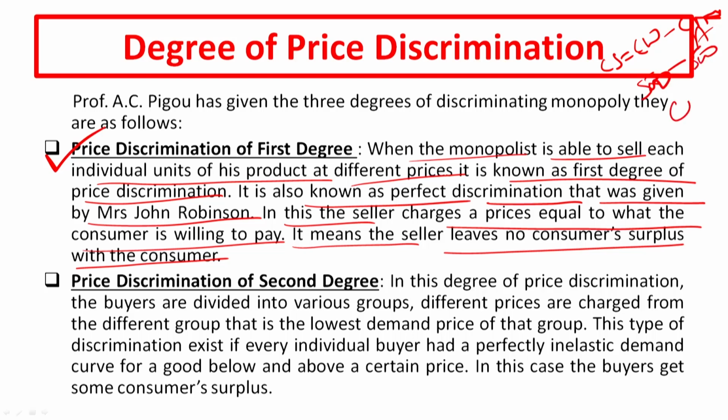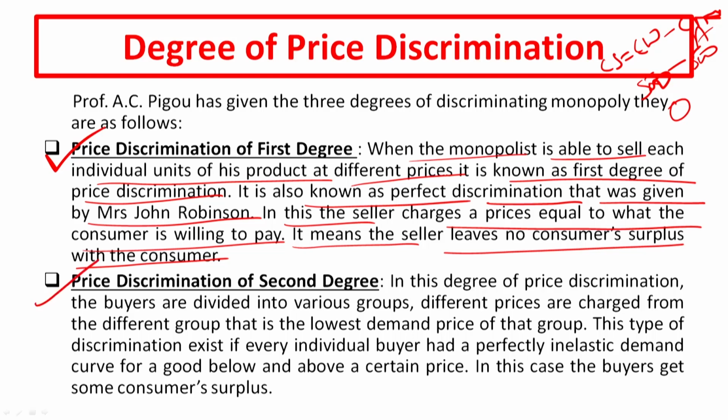That means there is no consumer surplus. That means the monopolist adopts the strategy of price discrimination in such a manner that he does not leave any consumer surplus to the consumer.